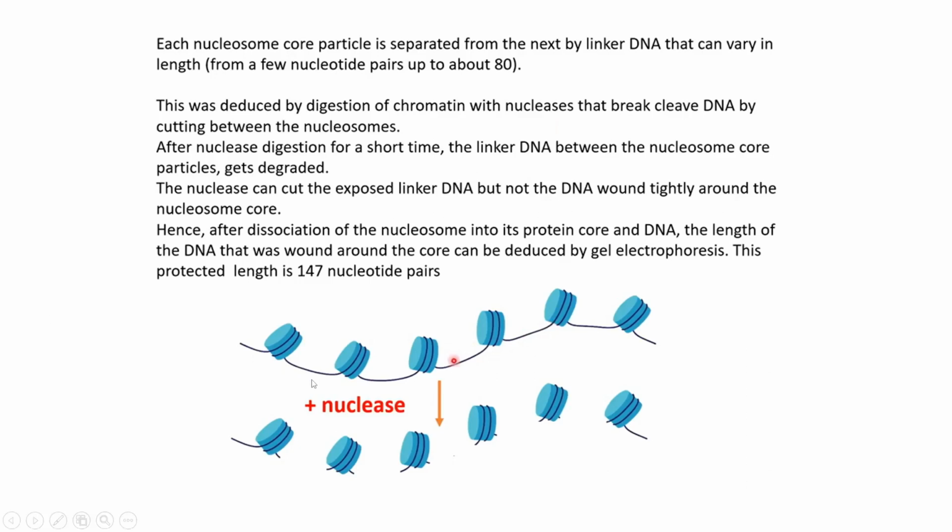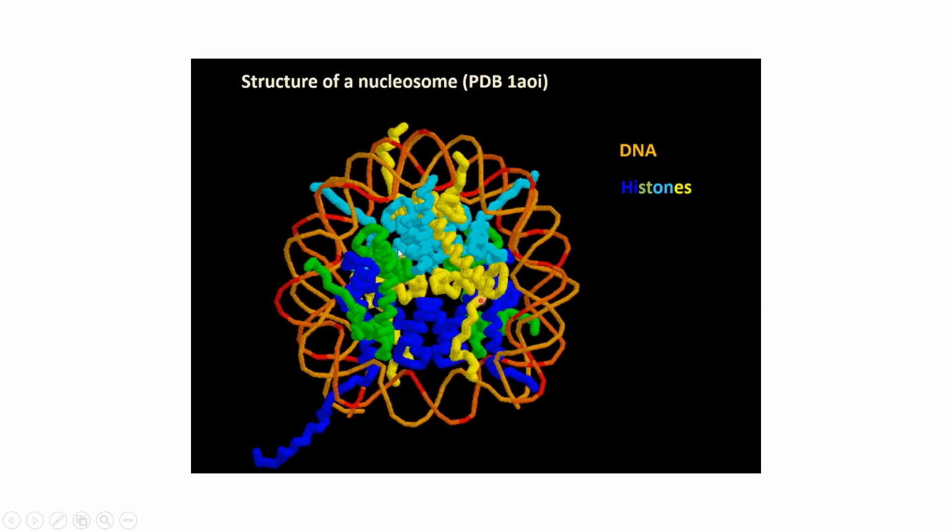After that you separate the DNA, and you get the complete product when you run it in gel electrophoresis. There you get DNA of around 147 nucleotide pairs. That is how you get the length of DNA which is present. So this is the DNA and the histone proteins bound around it.